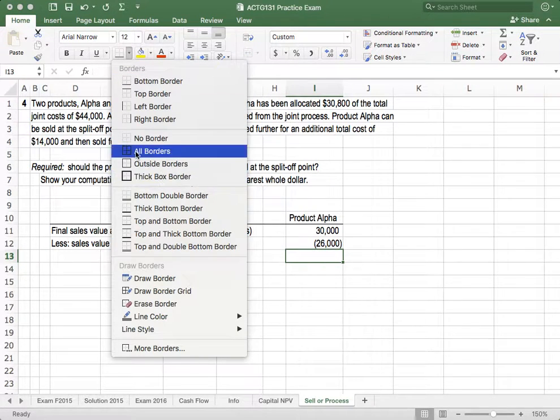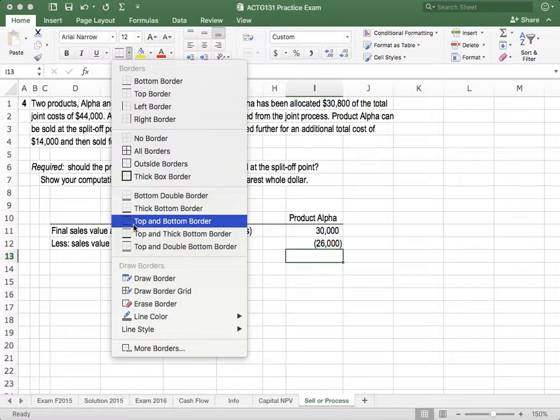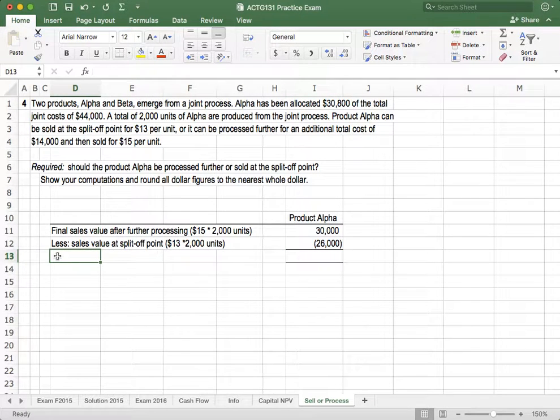So we're going to subtract these two, and that's going to leave us with the incremental revenue.